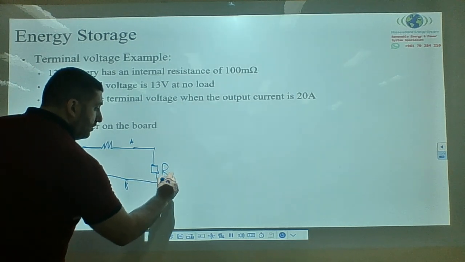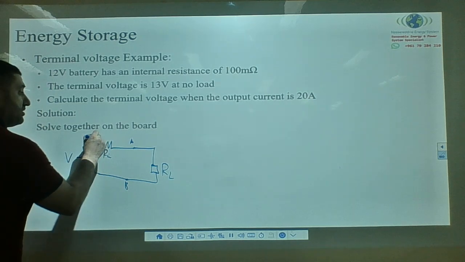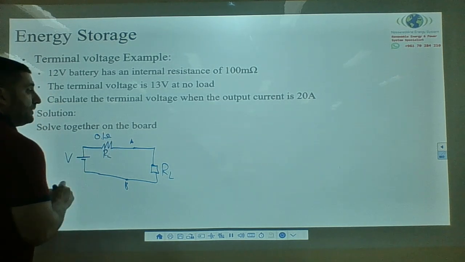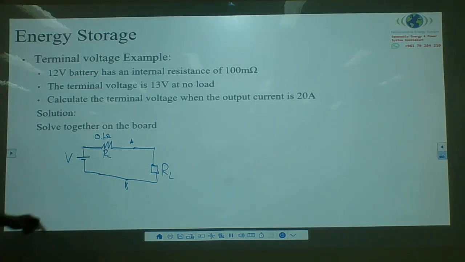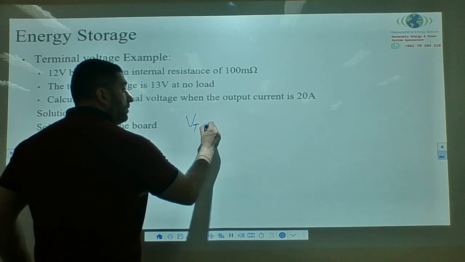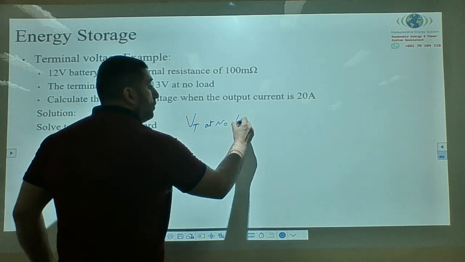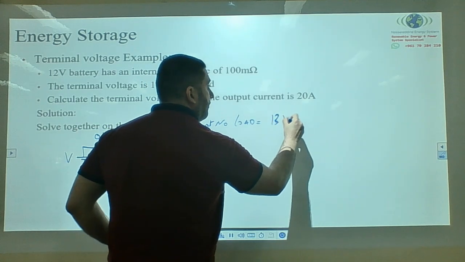This is R load. This is R internal. This R internal is 0.1 ohm. The question is, this system at no load, V terminal at no load is equal to 13 volt.